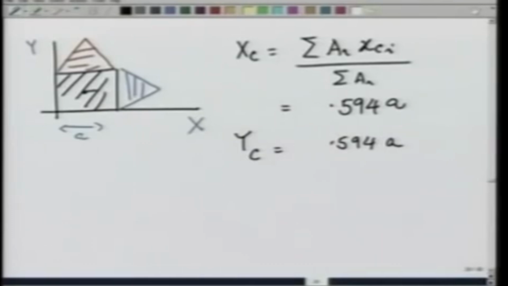So, this is how you use this observation: if I want to calculate the centroid for an assembly of plane areas for which I know individually where the centroid is going to be, I can calculate the centroid for the total assembly.